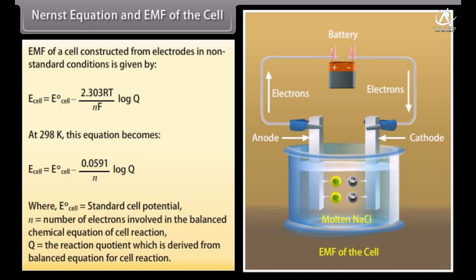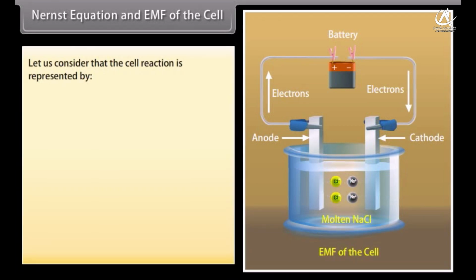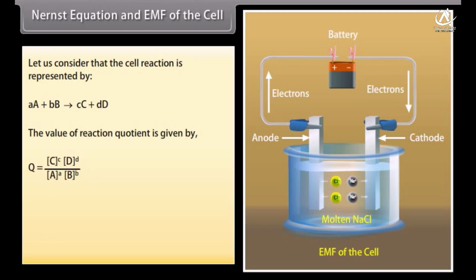cell reaction. Let us consider that the cell reaction is aA plus bB gives rise to cC plus dD. The value of reaction quotient is given by Q is equal to [C] raised to the power c into [D] raised to the power d divided by [A] raised to the power a into [B] raised to the power b.